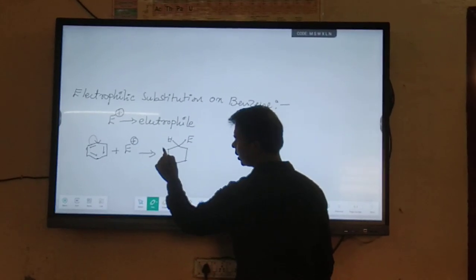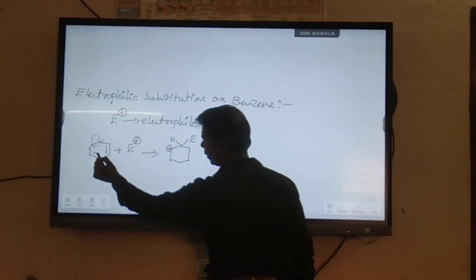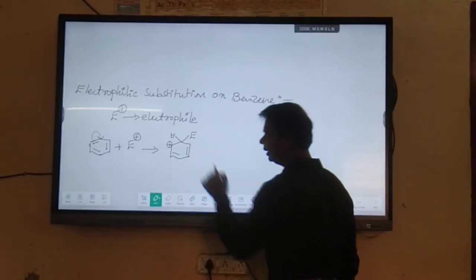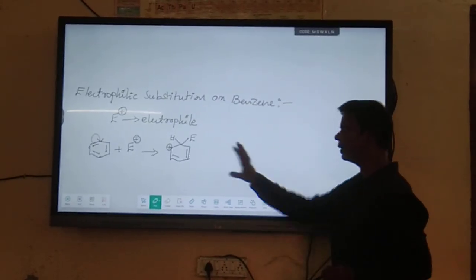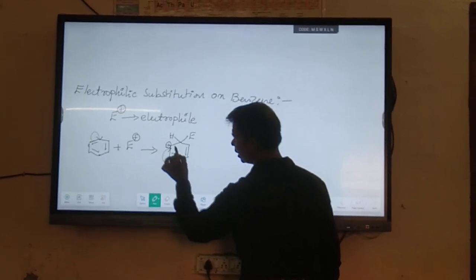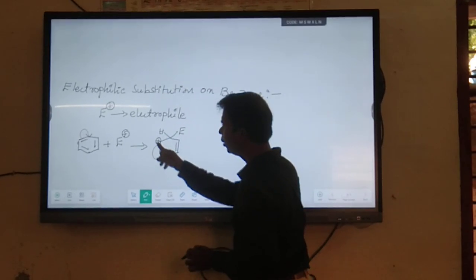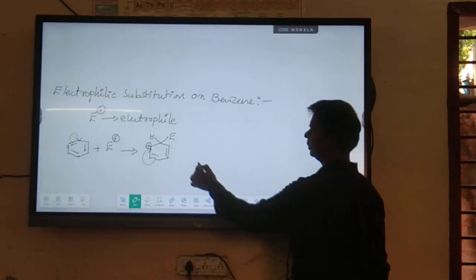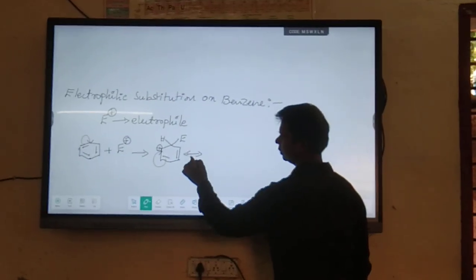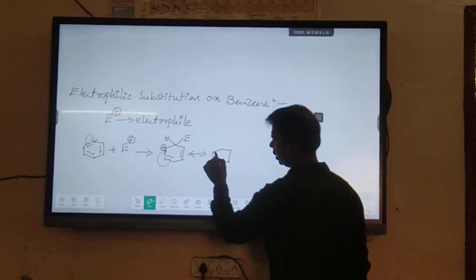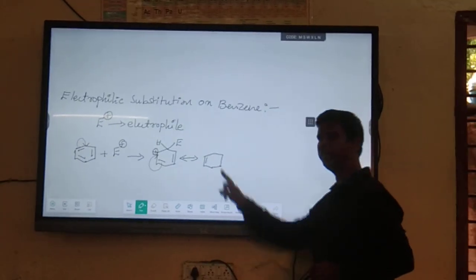Now we have the positive charge on this carbon. The remaining two double bonds are here on the benzene ring. So what happens here? These pi electrons will shift here to neutralize the positive charge. Now the double bond is moved here.